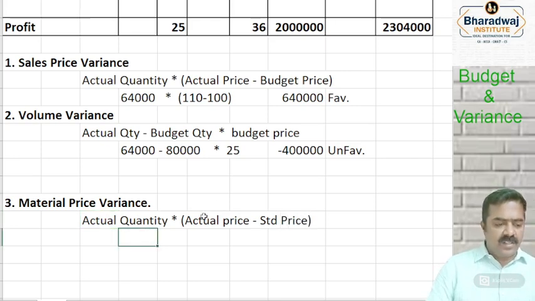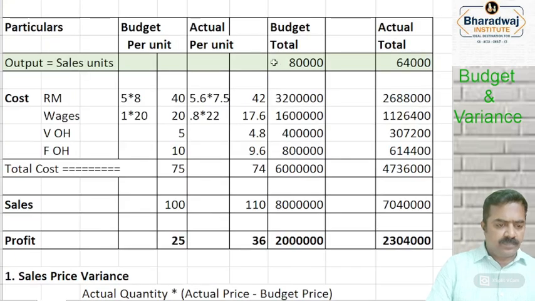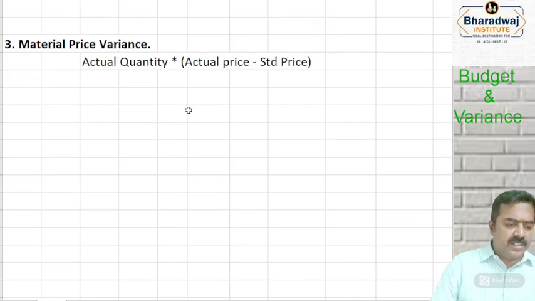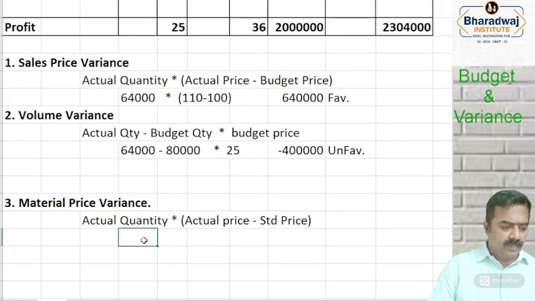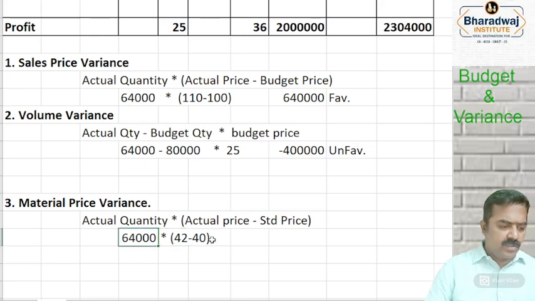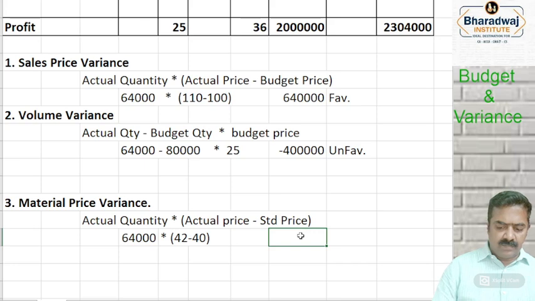What is actual quantity used? 64,000 into actual price is 42, standard price is 40. We spent more. Spending more is favorable or unfavorable? Unfavorable.